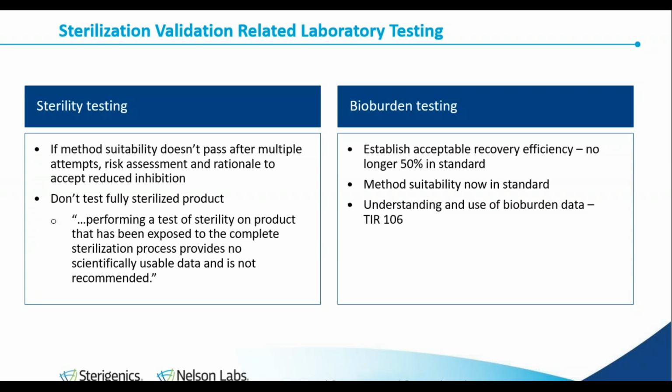That if it doesn't pass after multiple attempts, then performing a risk assessment and a rationale is acceptable to approve reduced inhibition, but maybe not completely eliminating inhibition. We realize there are some products that are meant to be inhibitory in nature, and to require at the ISO level that acceptable data or perfect data be gathered in every case is just not realistic. And so we added some information regarding that.